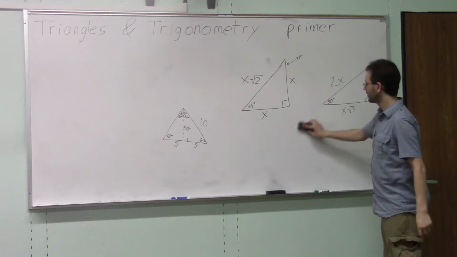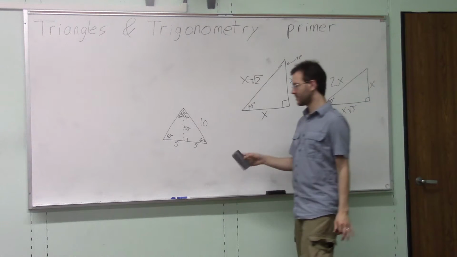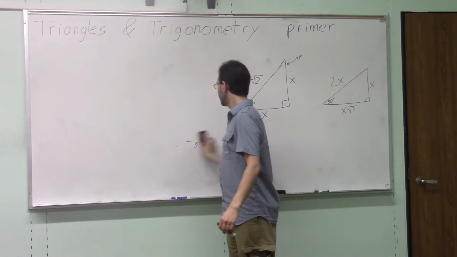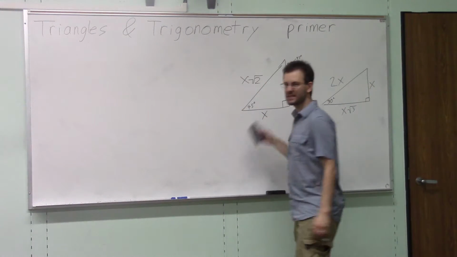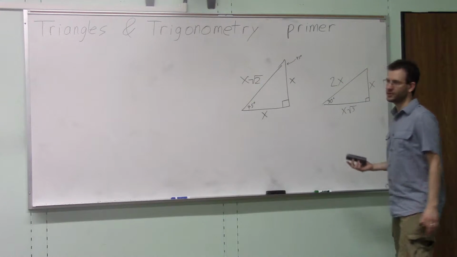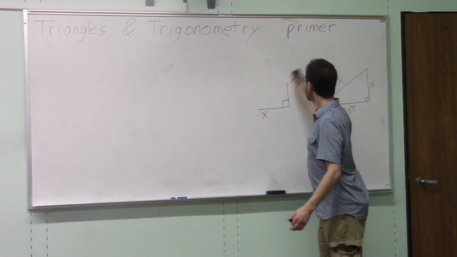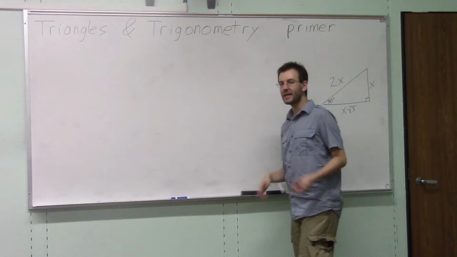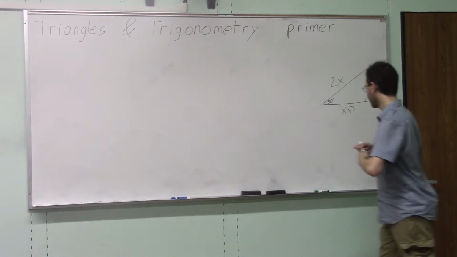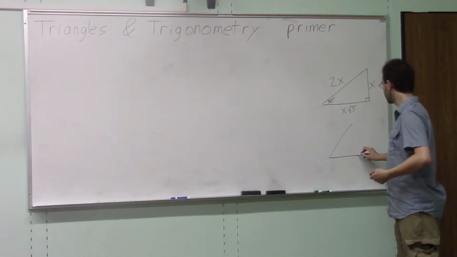Now, let's talk about the ratios in triangles in general. Because even though these are the best known, these aren't the only ratios that you might run into. There are relationships between triangles that have been given names.